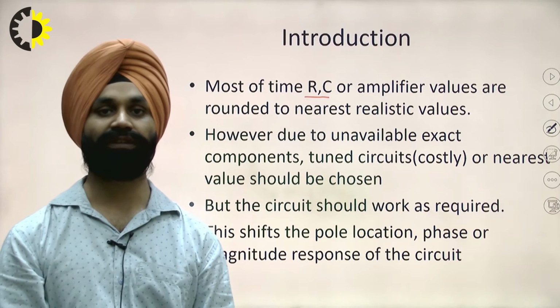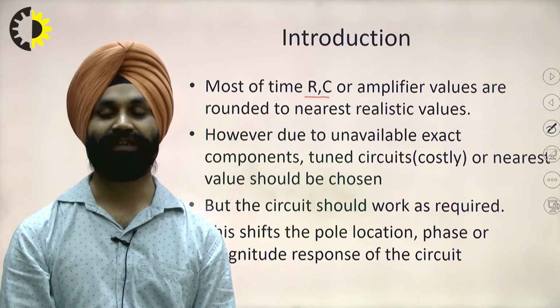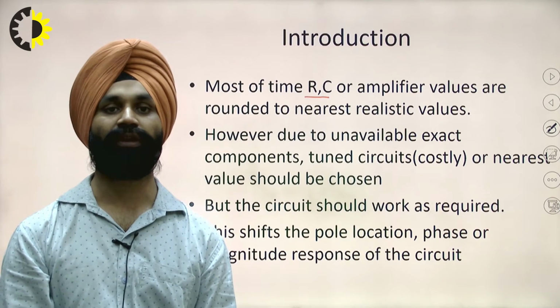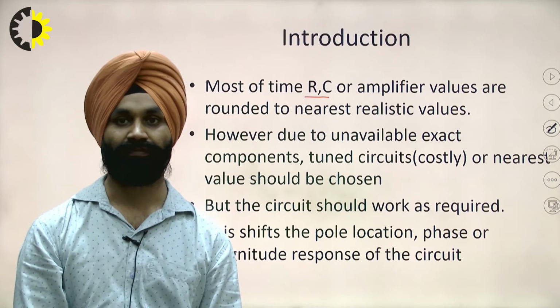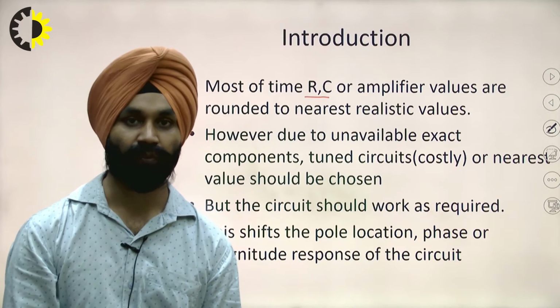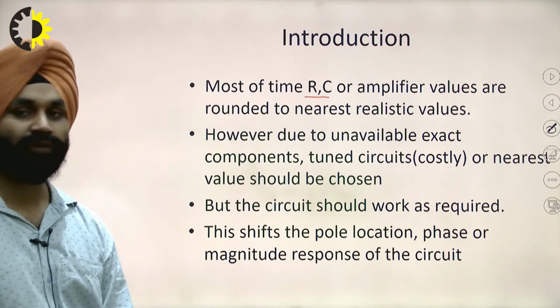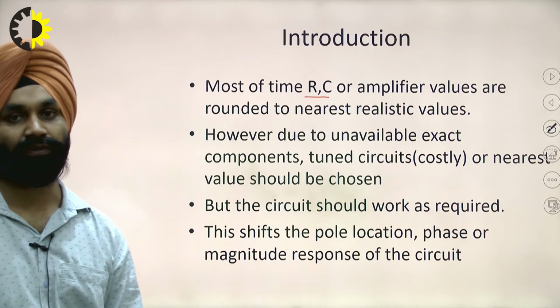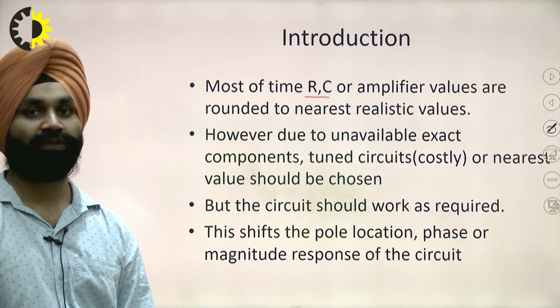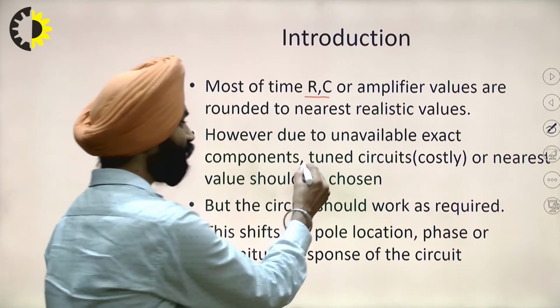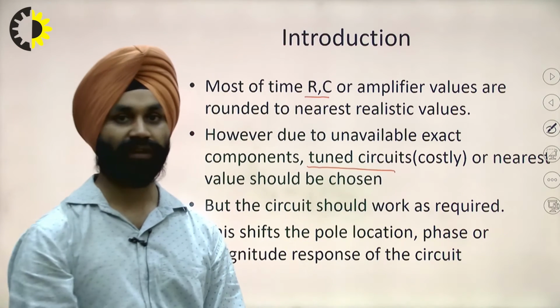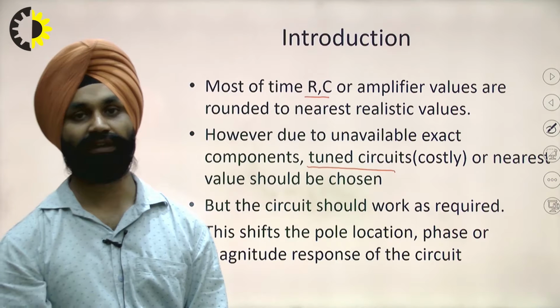We cannot see how much variation there can be in the R component or C component. So we have to tune to the nearest possible value. Whenever we tune, we need tuned circuits. These tuned circuits we will see later on in the course.